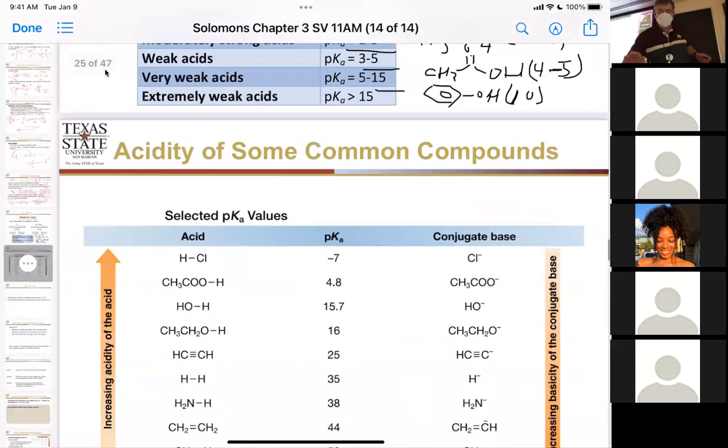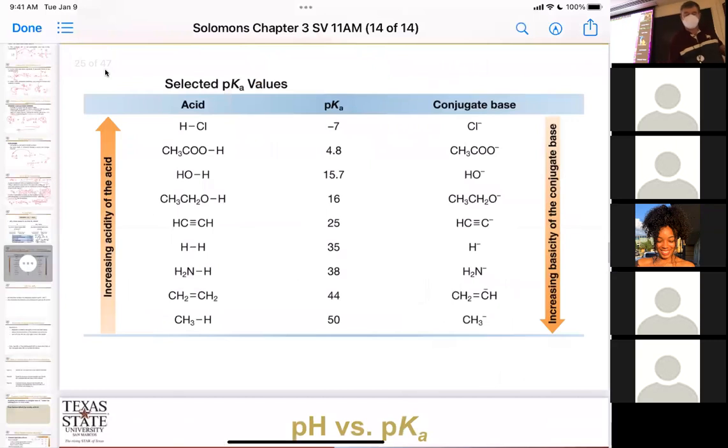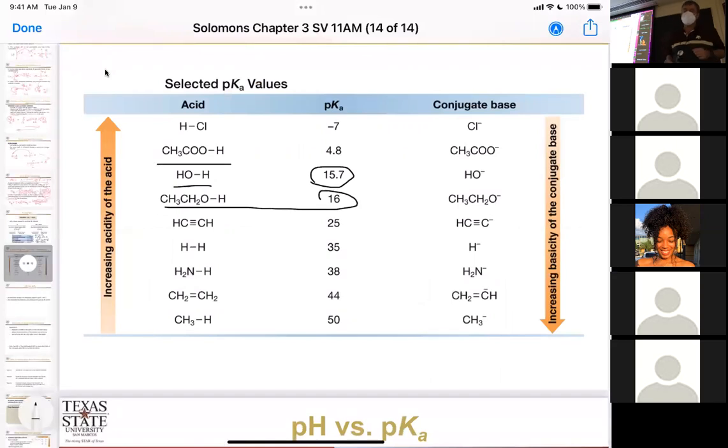So when we talk about the general scale here, we want to talk about our acids in the context of the pKa. We have our HCl, which is our strong acid, and then acetic acid, and then water just above 15, alcohols just above 15. The smaller the number is, the stronger the acid; the larger the number, the weaker the acid.